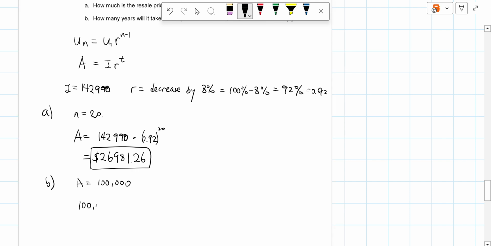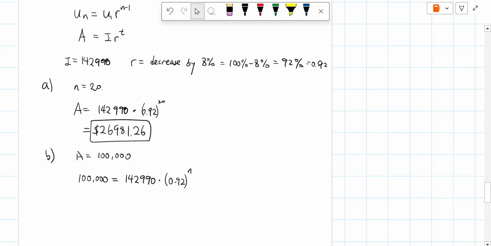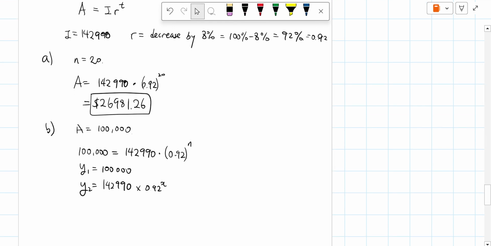A is 100,000 is equal to I is 142,990 times 0.92 to the power of N. So once again, I don't have the ability to solve this question, so I'm going to use my calculator. Y1 is equal to 100,000. Y2 is equal to 142,990 times 0.92 to the power of X. So let's use the calculator one more time. Once again, this time, I'm going to plug in the values.